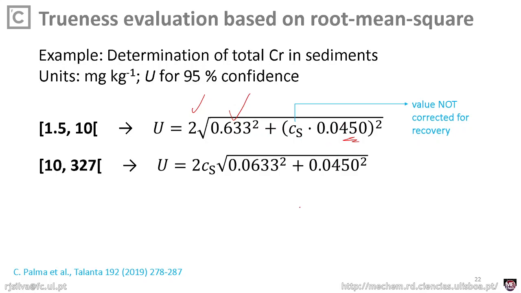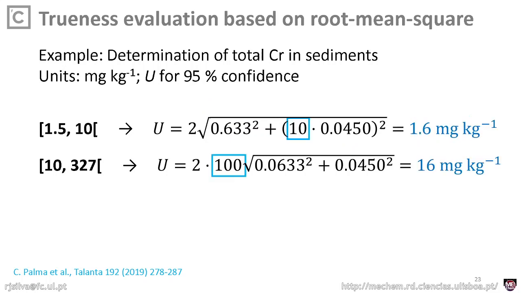If we apply this to the quantification of contaminated sediment with 10 and 100 milligrams per kilogram, we get 1.6 and 16 instead of 1.3 and 13. So the uncertainty increased 33% from this approach, because we have a bias that is significant of 8%.